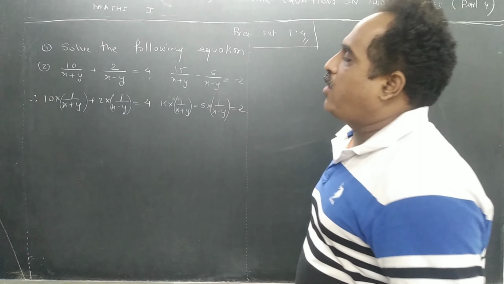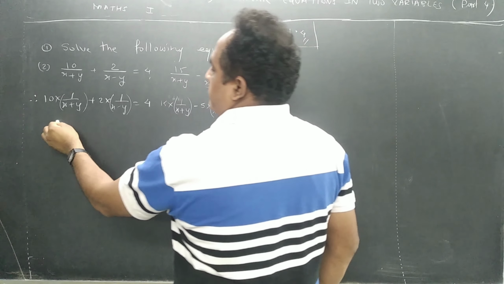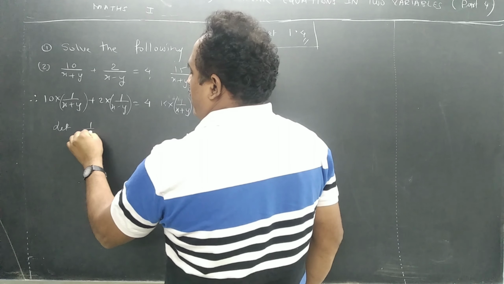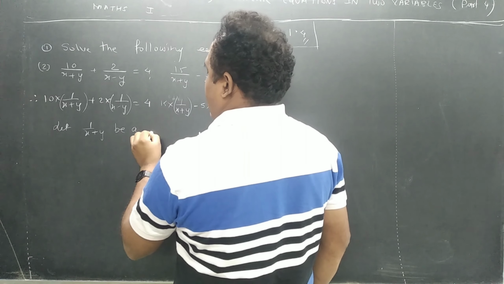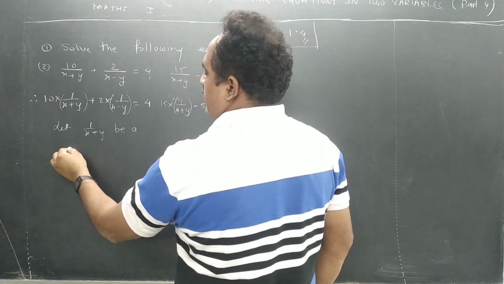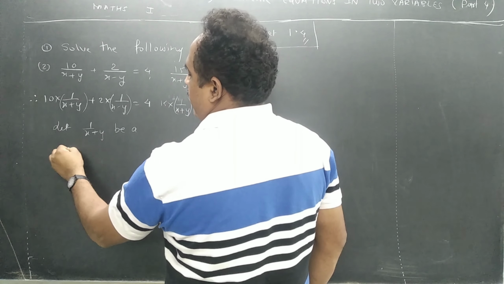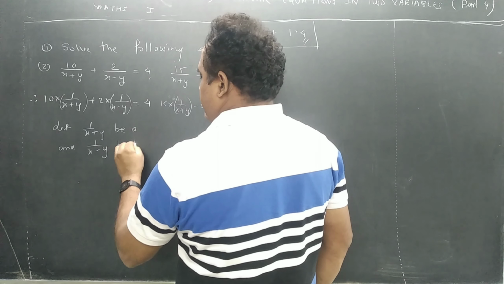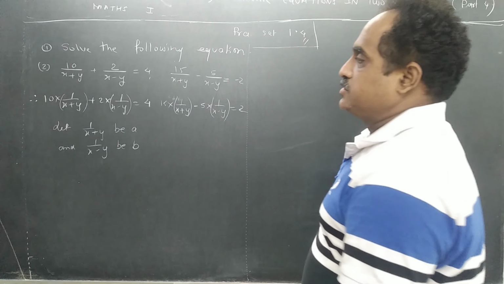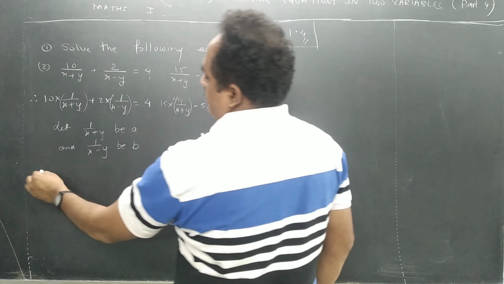You got it? Now what are you going to do? Let 1 upon x plus y be a, and 1 upon x minus y be b. So what will happen now?